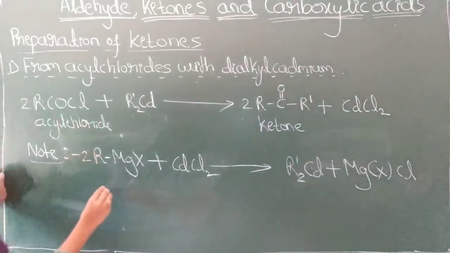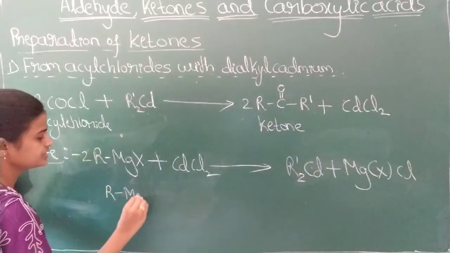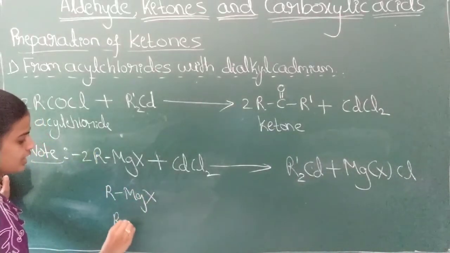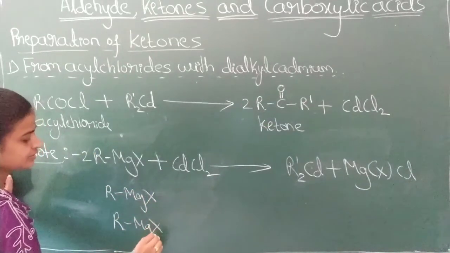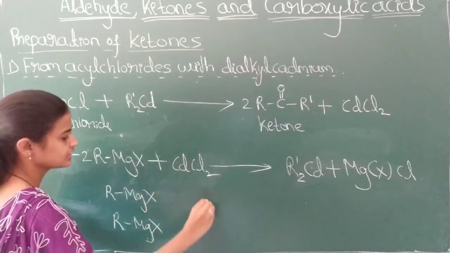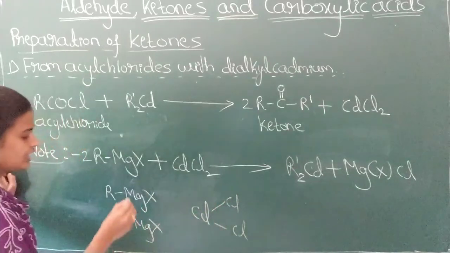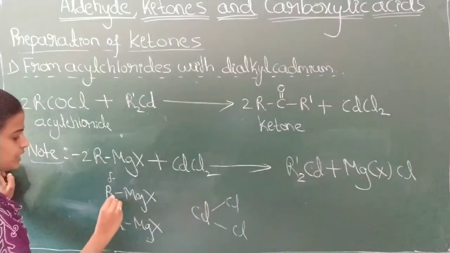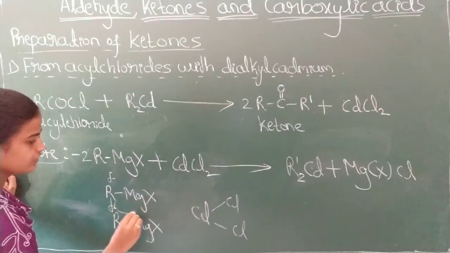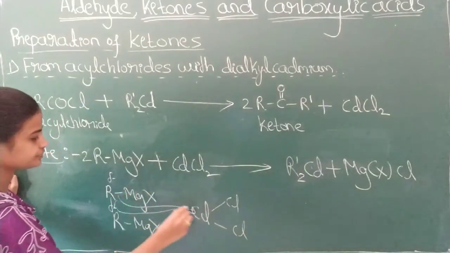And how is it done? RMgX, 1 unit, RMgX, another unit, and this cadmium chloride is like this. We know that this carbon is partially negative. This partially negative carbon will attack this cadmium.